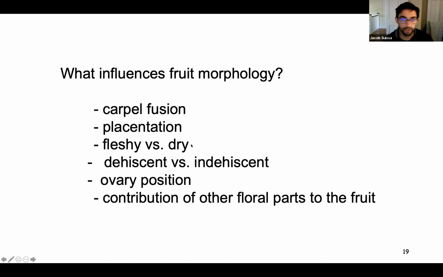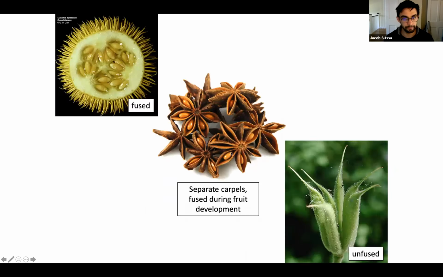It can be fleshy versus dry fruit. It can be dehiscent versus indehiscent. Ovary position, so is the ovary above the flower or below the flower? And by the flower, I mean the other petal whorls. And then do other parts of the inflorescence or the stem or the plant contribute to the fruit itself? And we'll get into that as well.